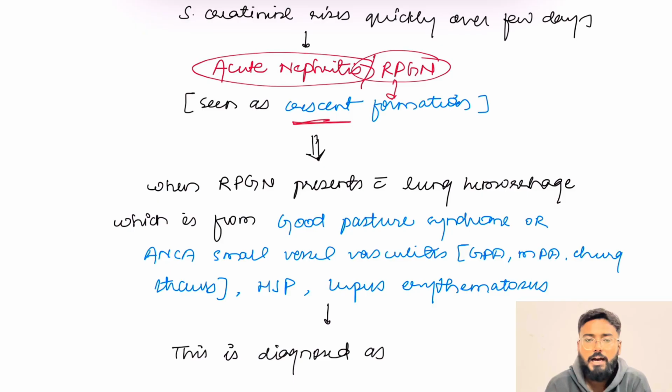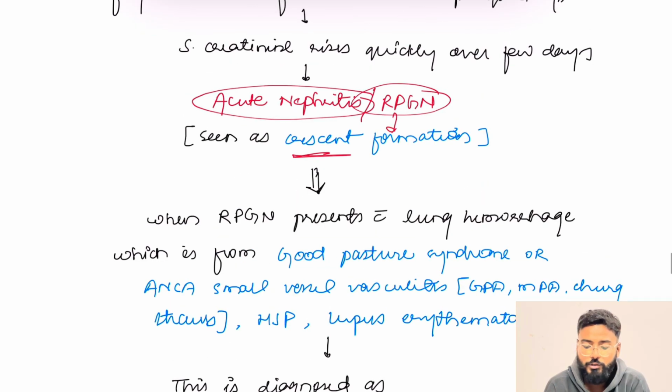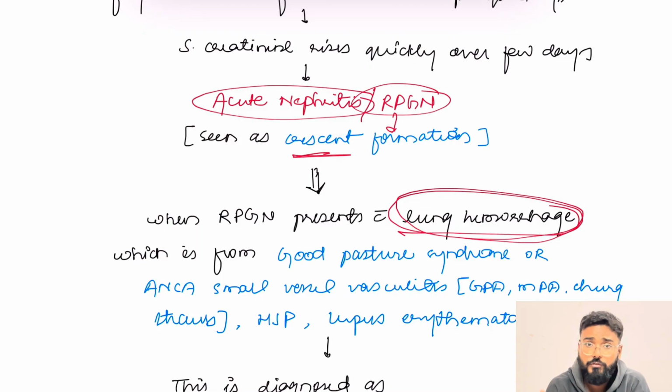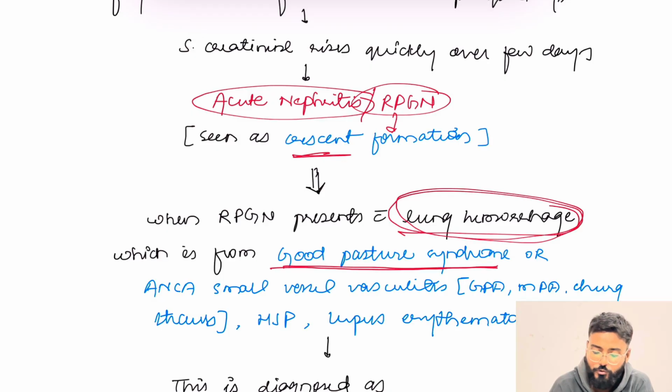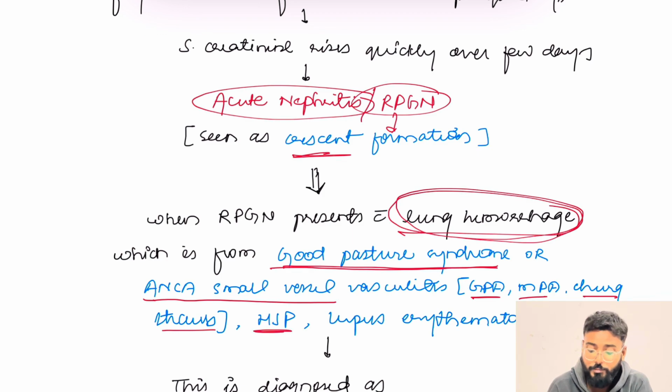So whenever this RPGN presents with lung hemorrhage, when there are features of RPGN along with lung hemorrhage, you are going to think about certain syndromes, which are your Goodpasture syndrome, ANCA small vessel vasculitis, that includes your GPA, MPA, and Churg-Strauss, and your Henoch-Schonlein purpura, and your lupus erythematosus.